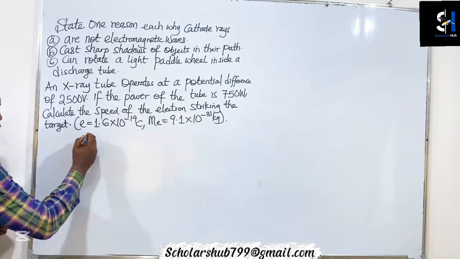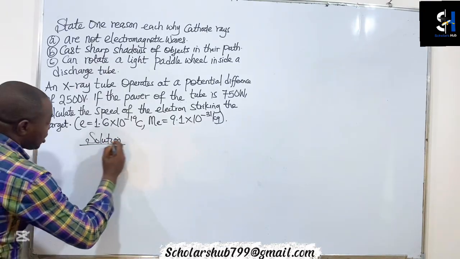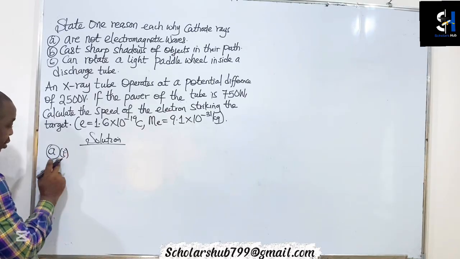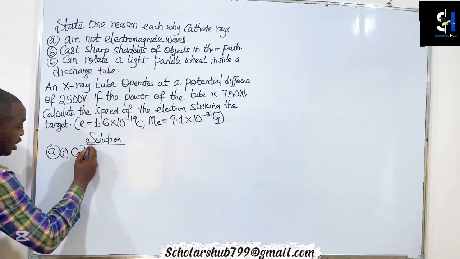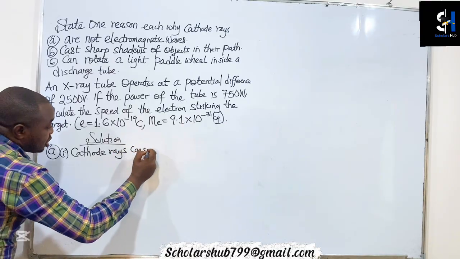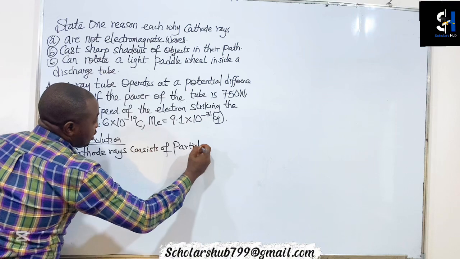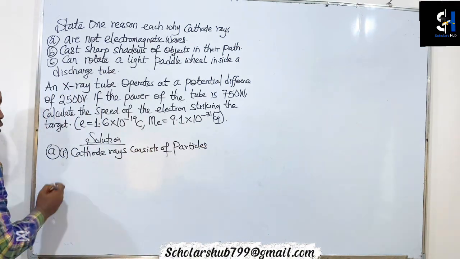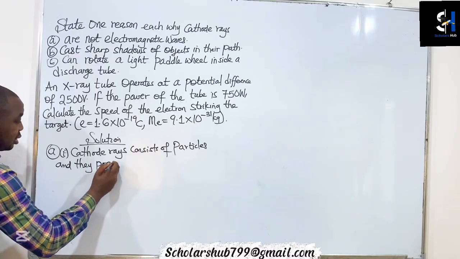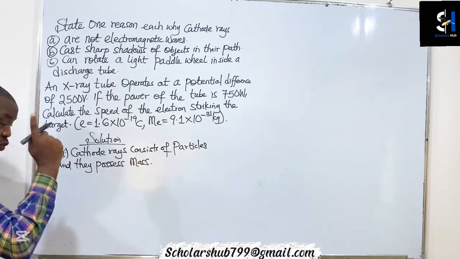So number one reason why cathode rays are not electromagnetic waves, Roman numeral one: cathode rays consist of particles, and they possess mass. That's one reason.